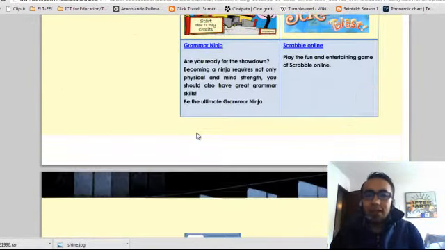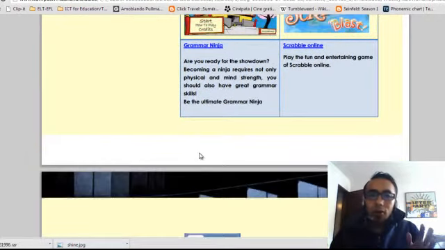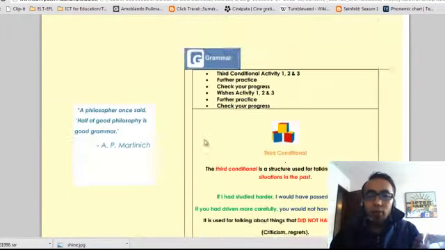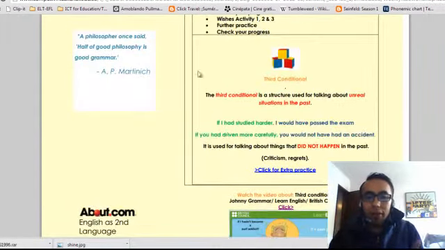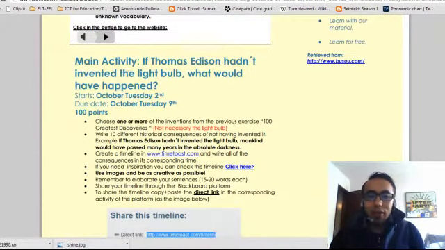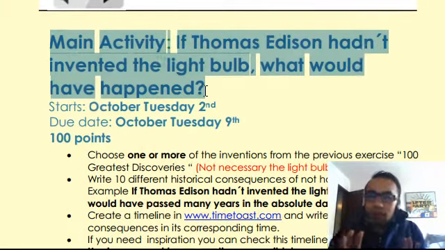In this you will find the detailed description of all of the different exercises in terms of vocabulary, grammar, reading, listening, and at the end you will find the main activity. I'm going to explain a little bit about this main activity in a moment.